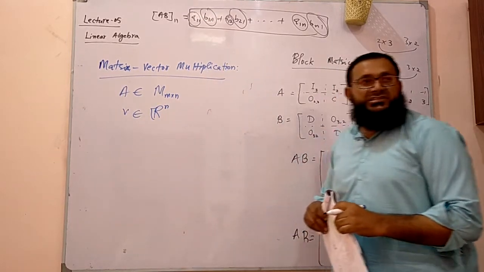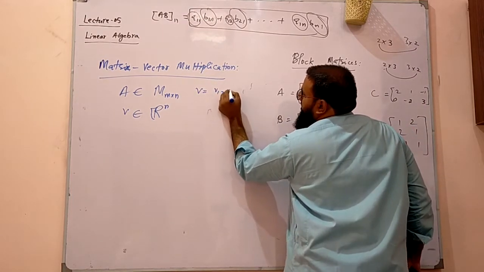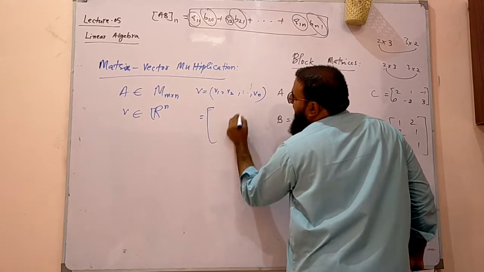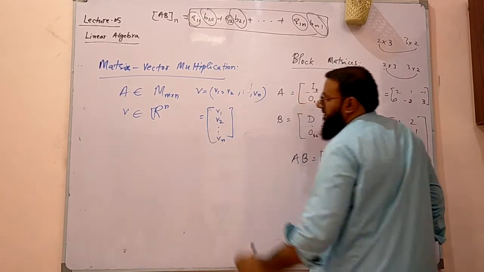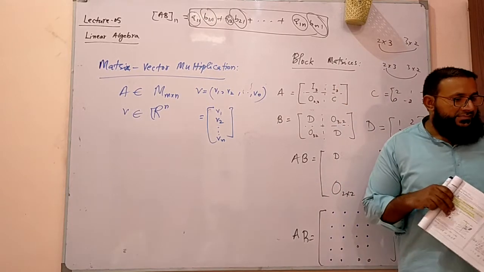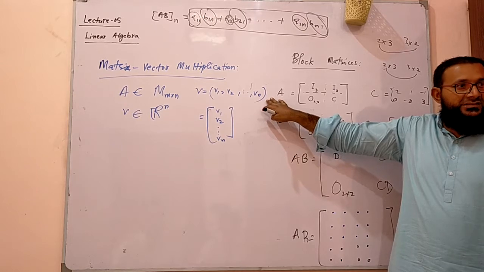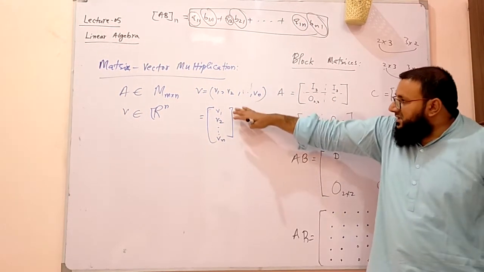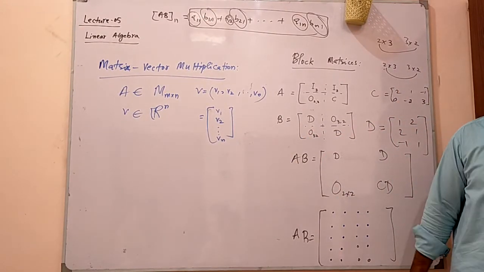The first thing we should keep in mind is that V is a vector of this form, and we can also write it as a column. In vector spaces we denote a vector in this way. In matrix algebra, whenever I write a column matrix, I mean a vector.